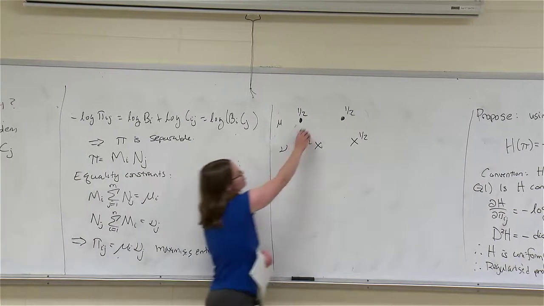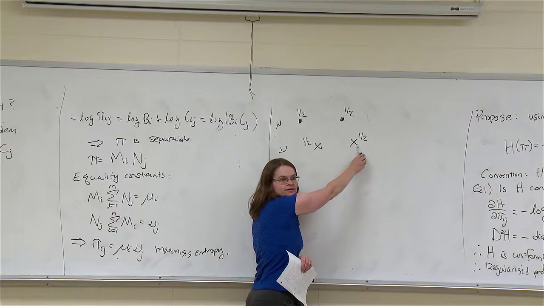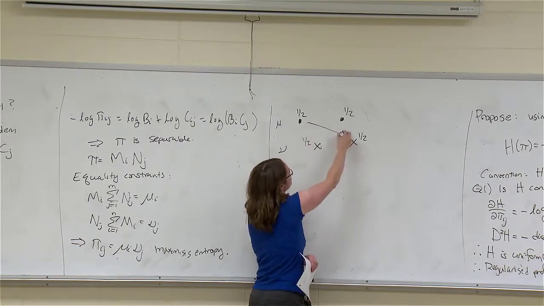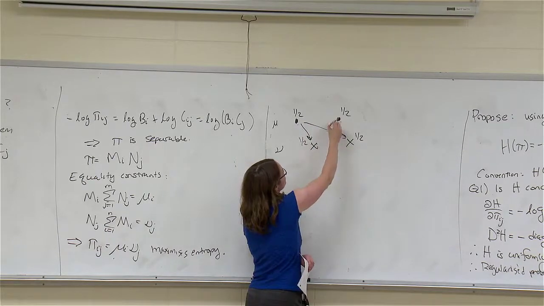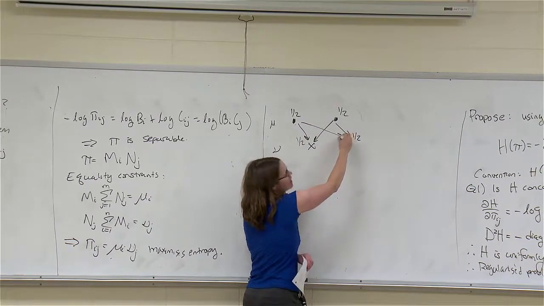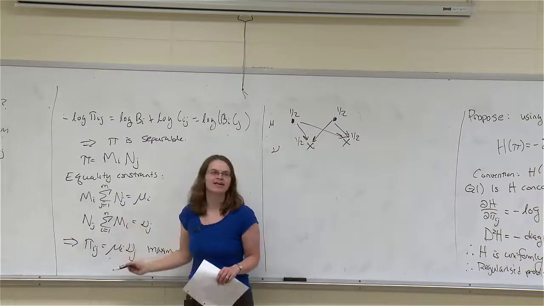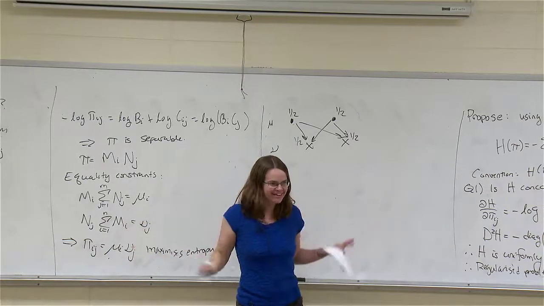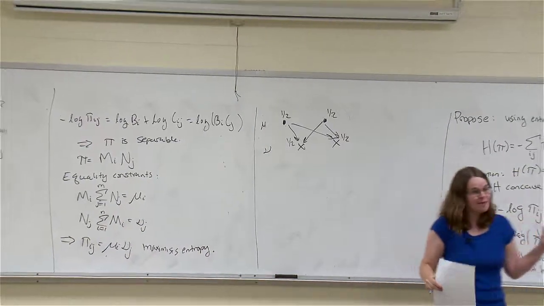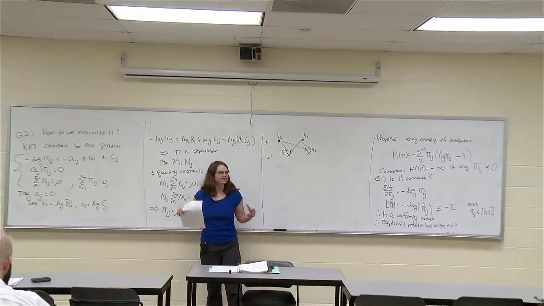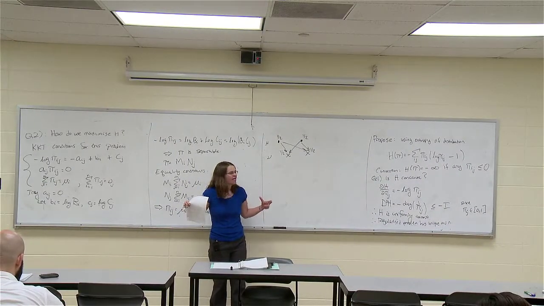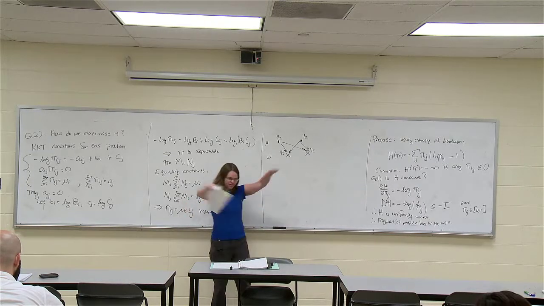So how much mass goes from here to here? 1/4, yeah. How much goes from here to here? 1/4, yeah. So we got mass going there to there. In other words, this transport plan says everything goes everywhere. It's probably not optimal, but if you ignore the cost function, if you ignore this c times pi and just maximize entropy, everything goes everywhere.